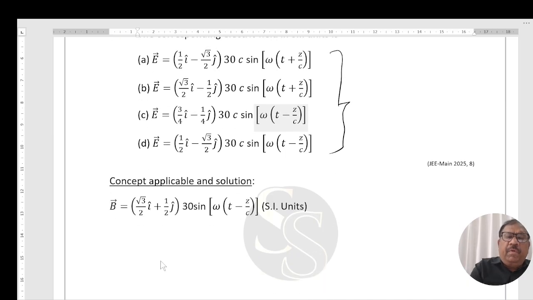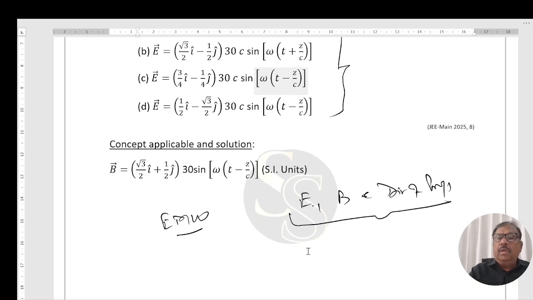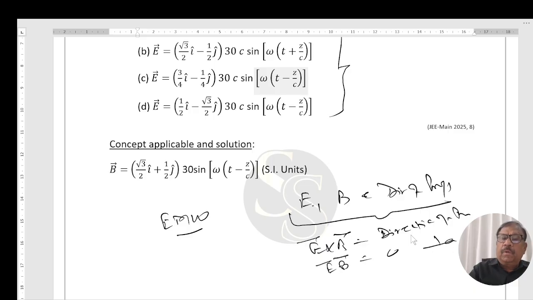We know in electromagnetic wave, E, B and direction of propagation are all mutually perpendicular to each other. And E cross B gives direction of propagation. And E dot B equals 0, perpendicular to each other.